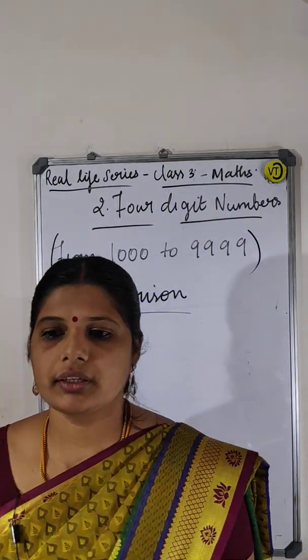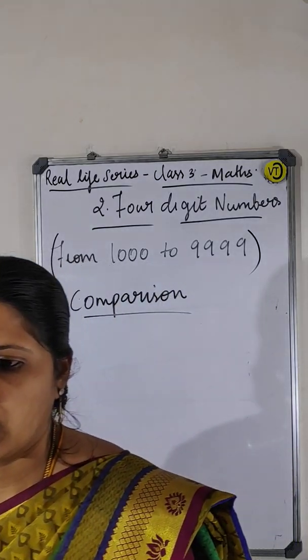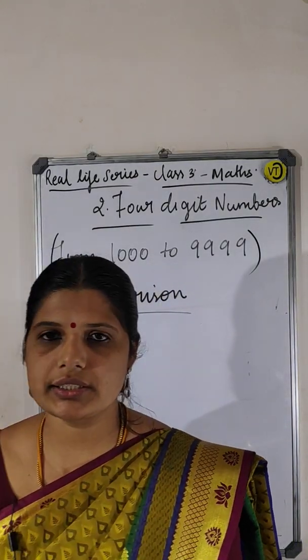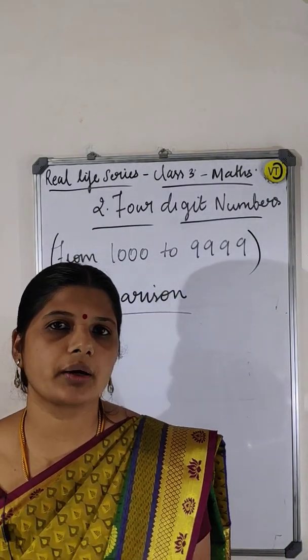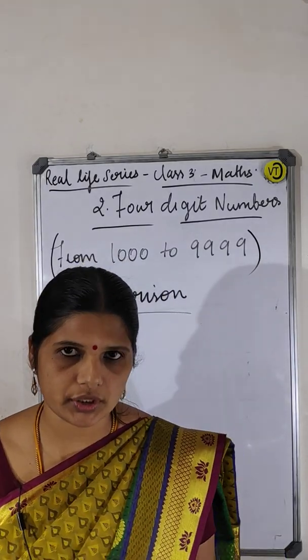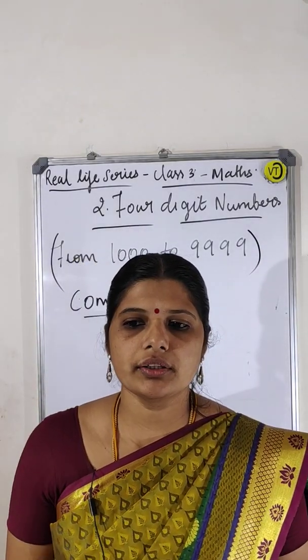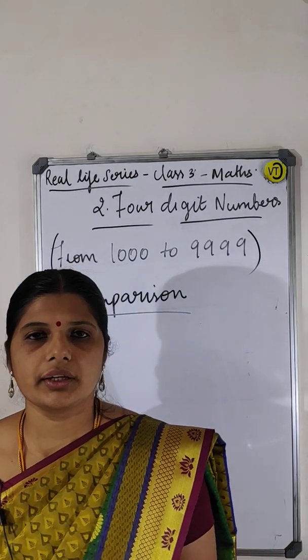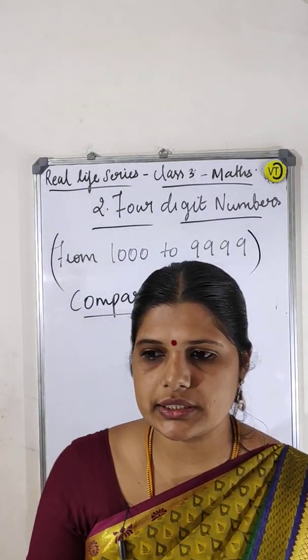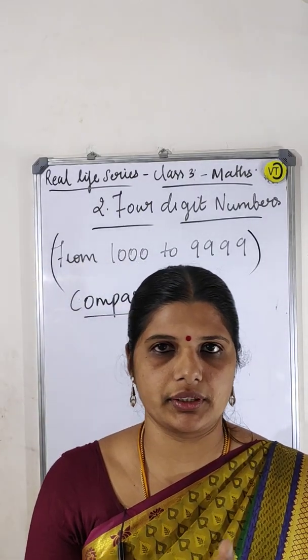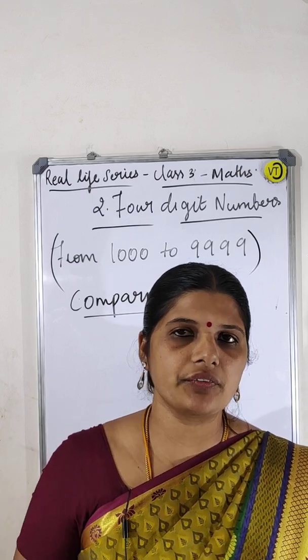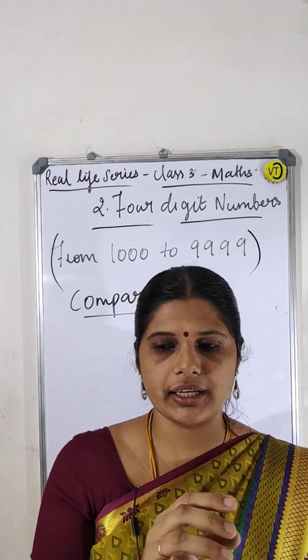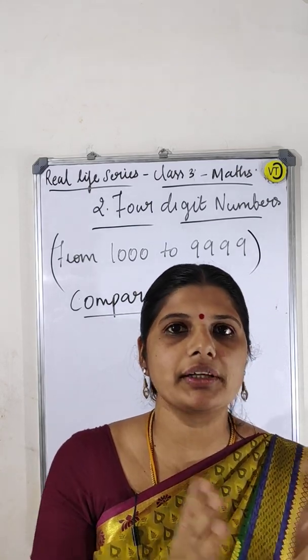In class 2 you have learned how to compare 3-digit numerals. Some rules are to be followed in comparing 4-digit numbers also. Okay guys, what are the rules here? See, a numeral containing more digits represents the greater number. You count the digits. Whenever the numeral has more digits, that will be the greater number.